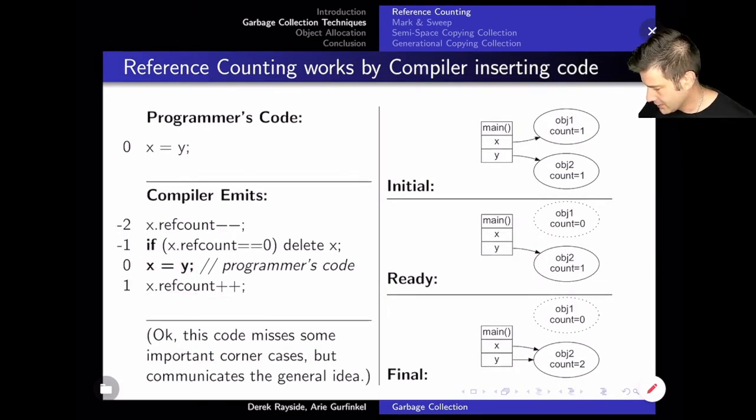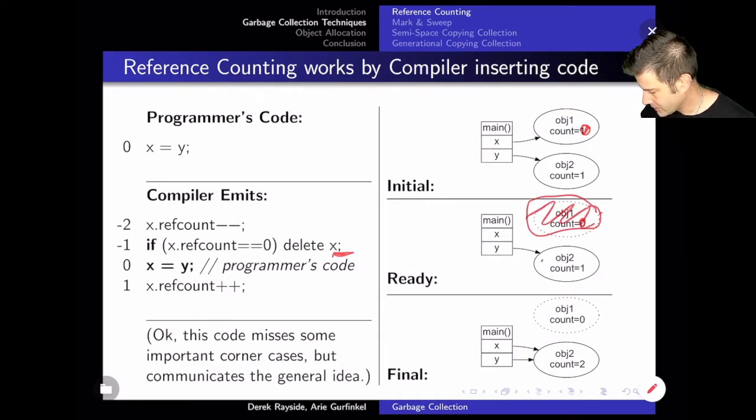Okay. So for example, if we look here on the right, x was pointing to some object with reference count 1, and y was pointing to another object also with reference count 1. Then the first part up to here, we check the reference count of this object, we decrement it, we get it to be 0, and we delete it from memory.